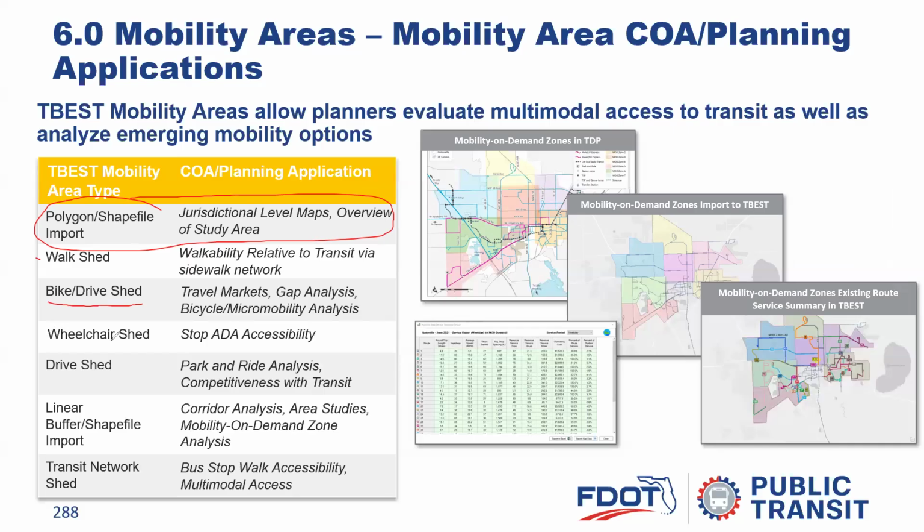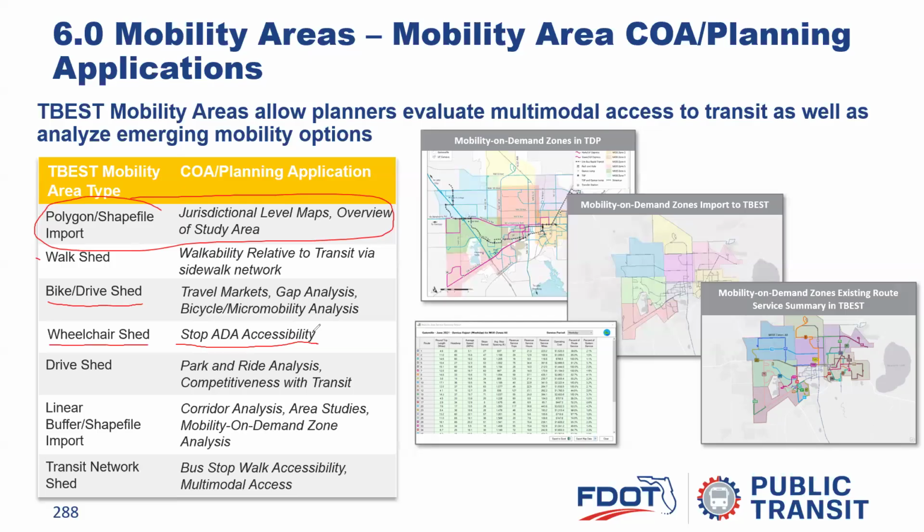The wheelchair shed is stop ADA accessibility. Now this one is a little bit loaded because what you get from the wheelchair shed is maybe not as detailed as what you would do if you're actually doing ADA accessibility in detail, where you have ramps and all the different types of facilities that you have to accommodate ADA.